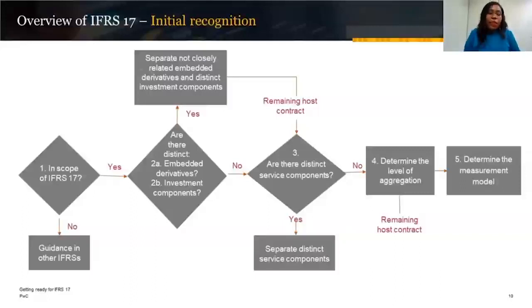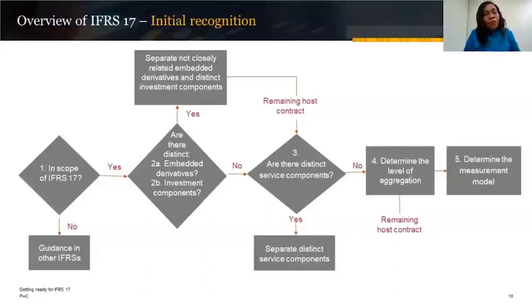Looking at the contract as a whole, does it have insurance risk? If the contract qualifies as an insurance contract, but there may be other embedded benefits and clauses in there, you need to consider if some of these meet the requirement to be separated. And some of these could be investment components.